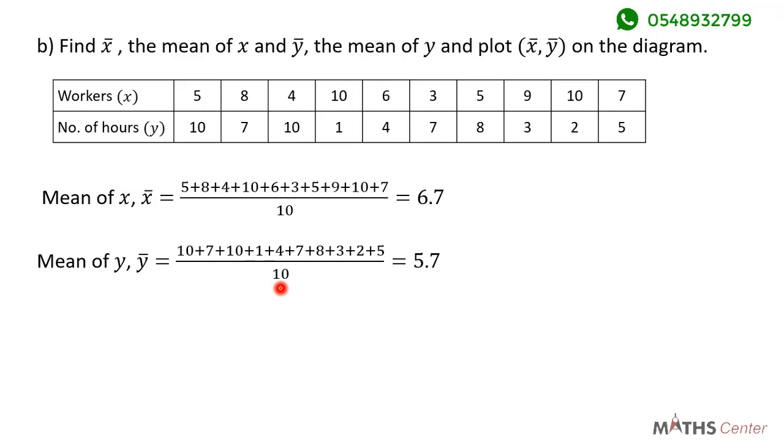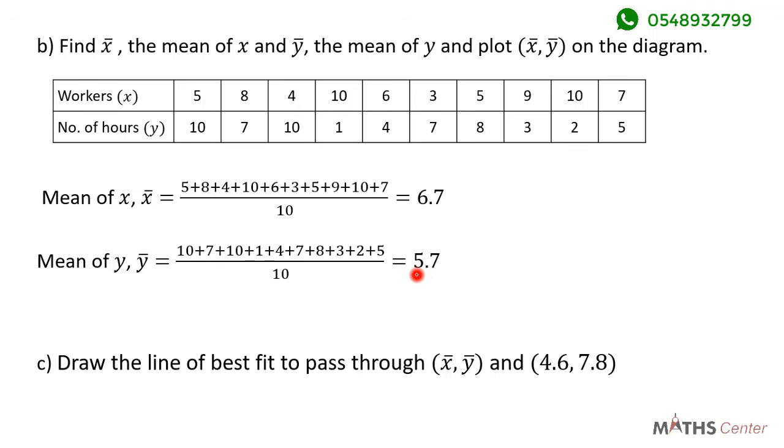To get the mean of y, we add all the y values together and divide it by 10, since they are 10 in number. So we add 10 plus 7 plus 10 plus 1 plus 4 plus 7 plus 8 plus 3 plus 2 plus 5. You divide that by 10 and that gives us 5.7. So you plot the point 6.7, 5.7 on the scatter diagram.